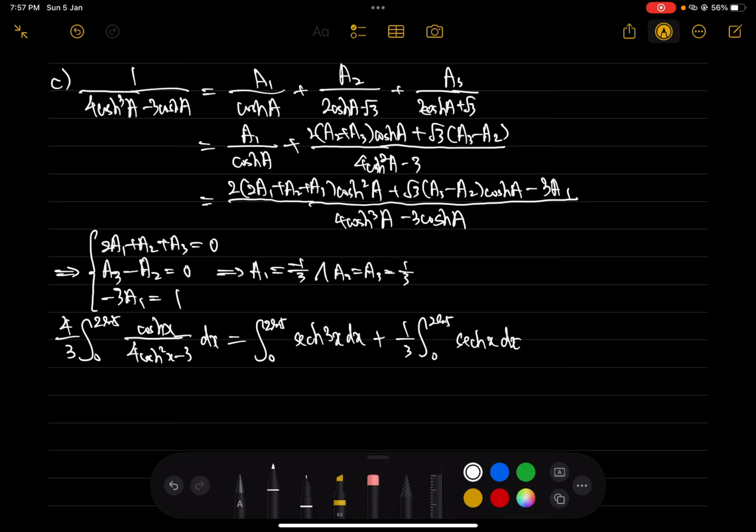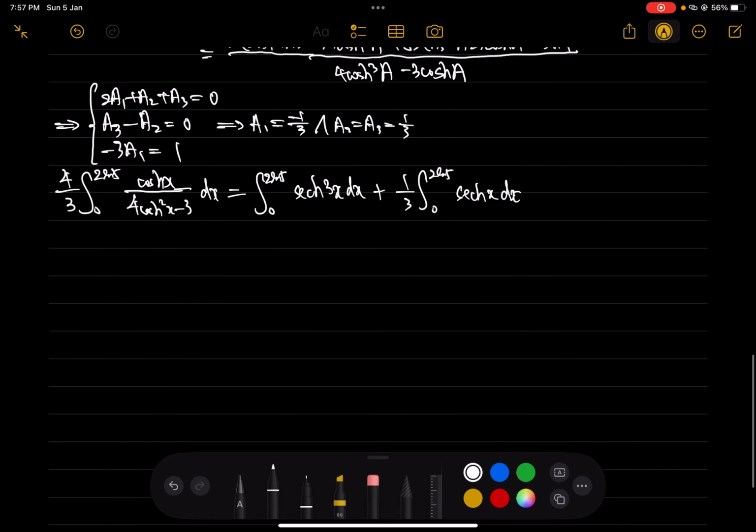Very, very basic stuff, really. So we have the integral in question is equal to, excuse me, hold on.